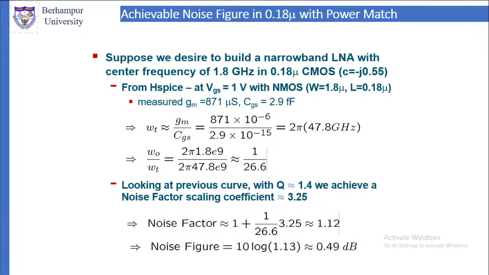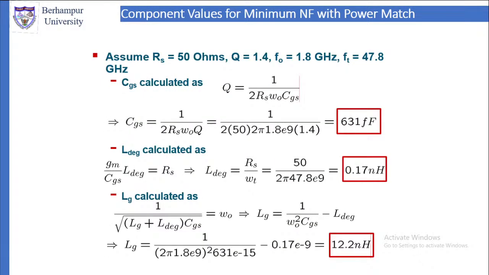Noise factor is 1 plus omega 0 by omega t, which is 1 by 26.6, multiplied by the noise factor scaling coefficient 3.25. That gives you 1.12. Then the noise figure is 10 log of 1.12 or 1.13, which is approximately 0.49 dB. That is the noise figure.